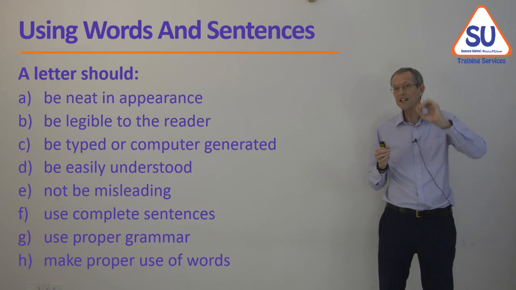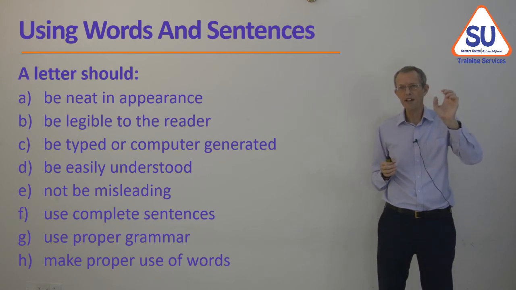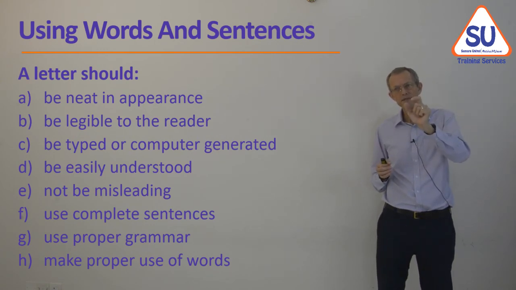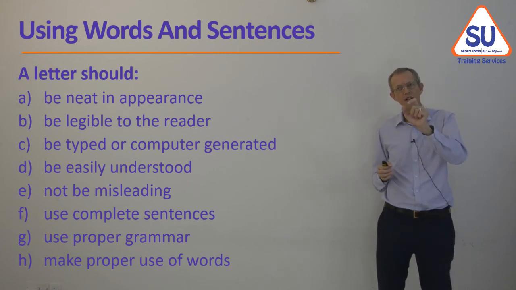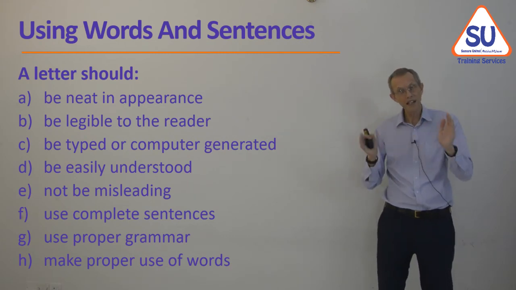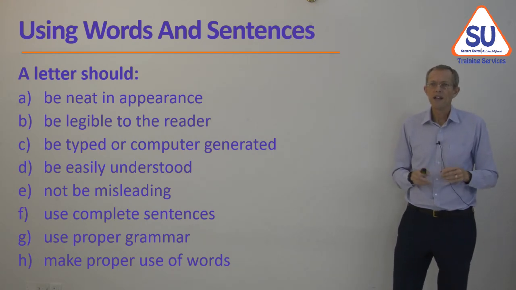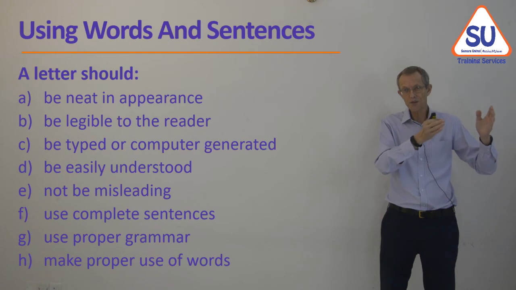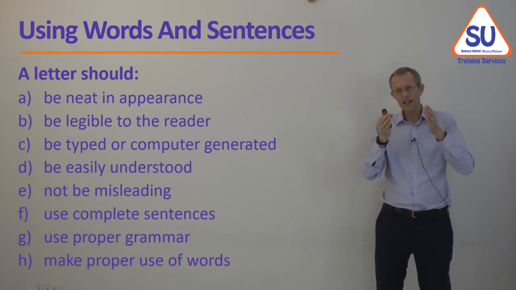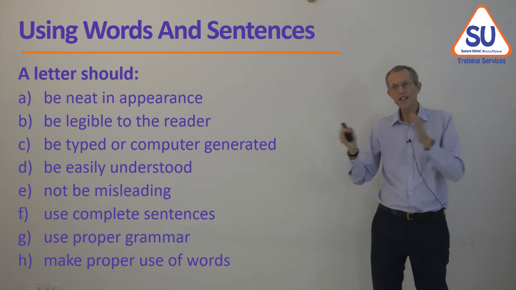Don't have misleading things. Make it absolutely clear. Jonathan is a great worker, I recommend him. Or Jonathan is a bad worker, I don't recommend him. Be clear and precise. Complete your sentences. So your sentence needs to have an action word and a thing, a noun, and to say something.